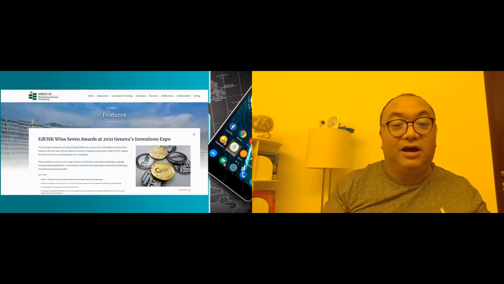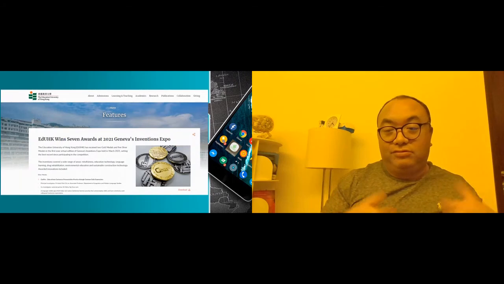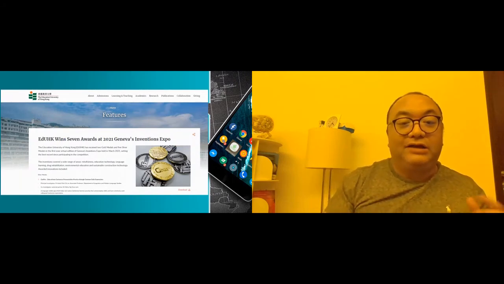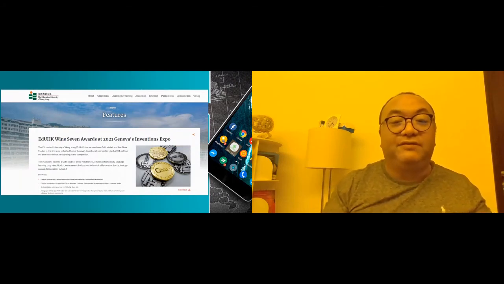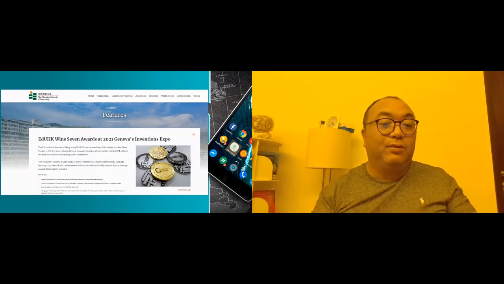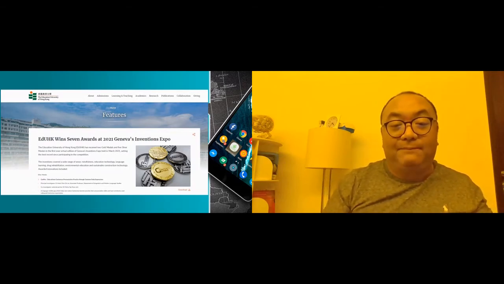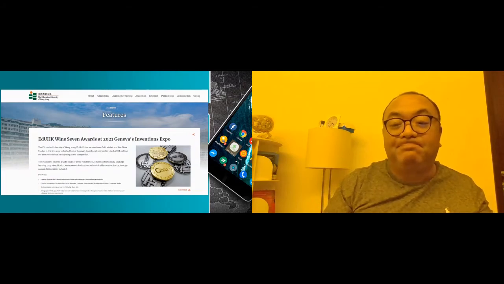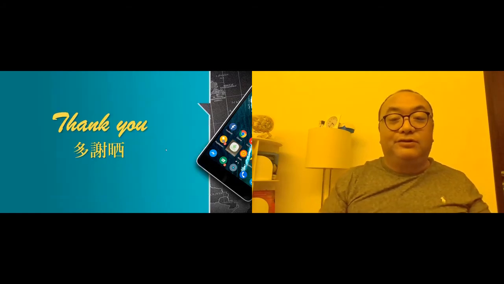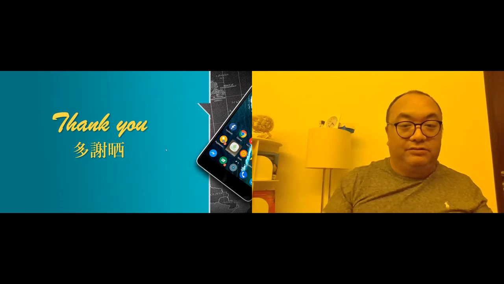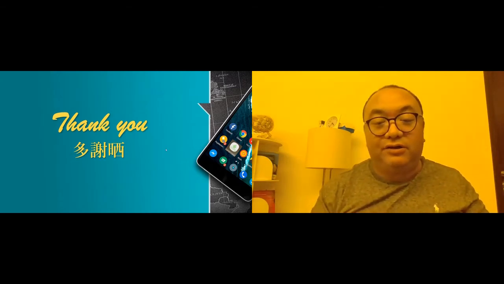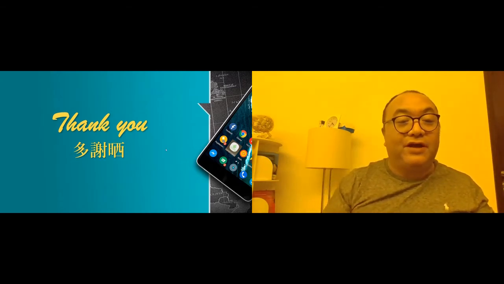Luckily, our app was one of the items exhibited in the Geneva Inventions Expo 2021, and we got the silver medal for this app as an invention item. That's all for my simple introduction and demonstration of the app.